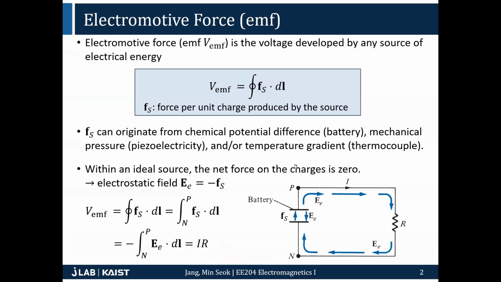understand. So we began with defining electromotive force. Electromotive force, again, is not actually a force. It's rather a potential difference, or like a voltage. So it basically tells you how much of a voltage your electric source can provide.